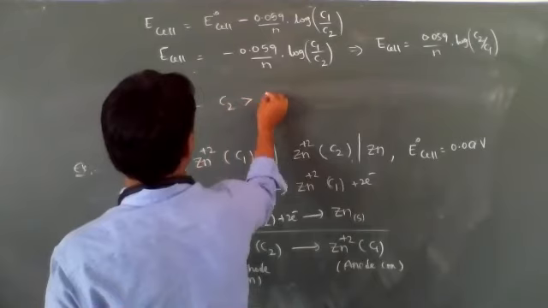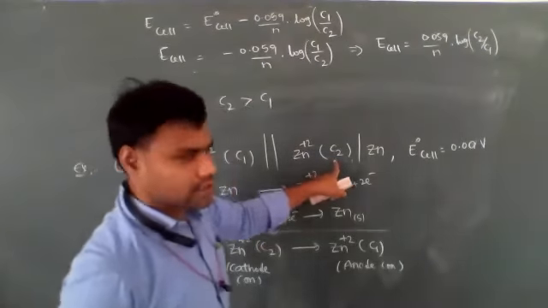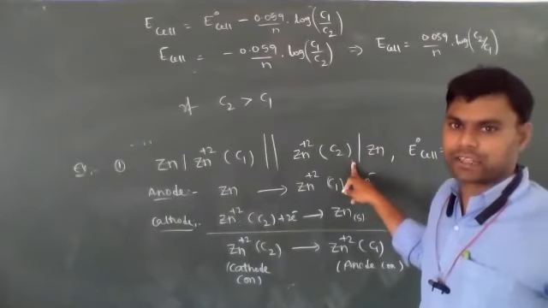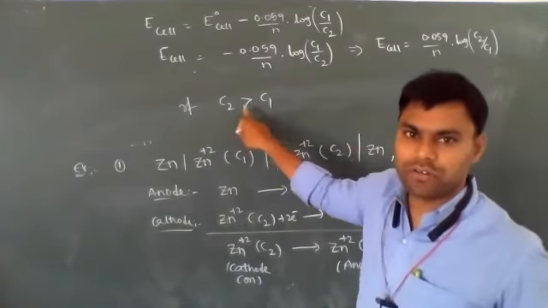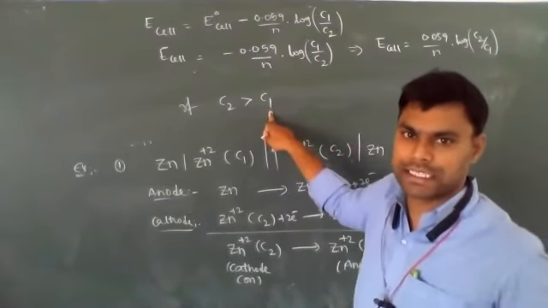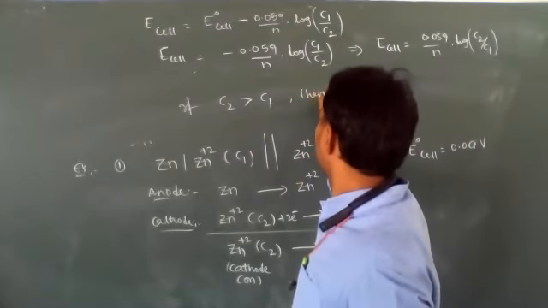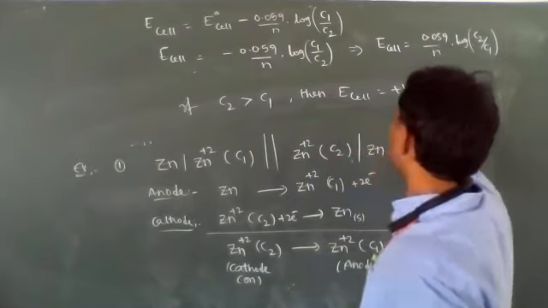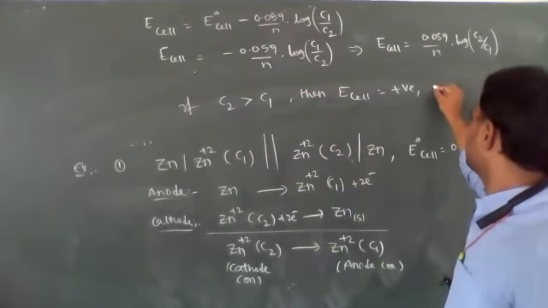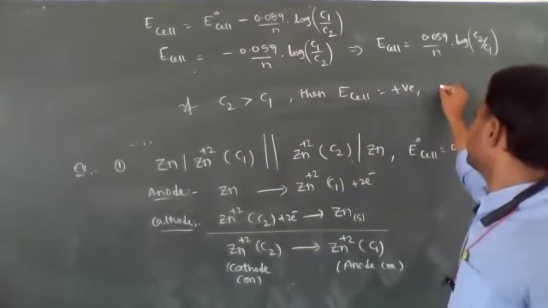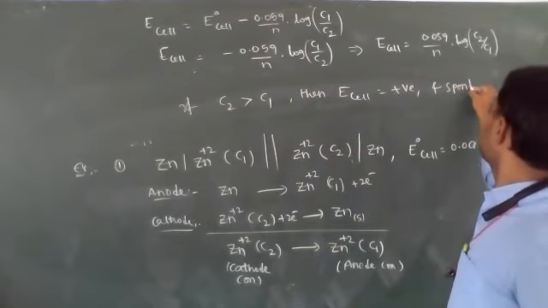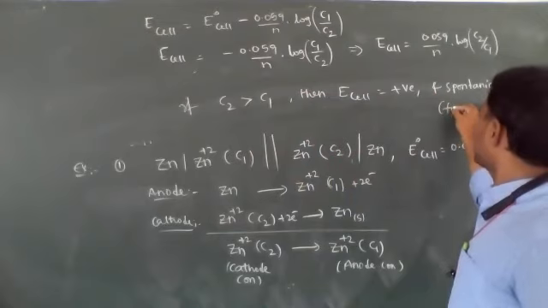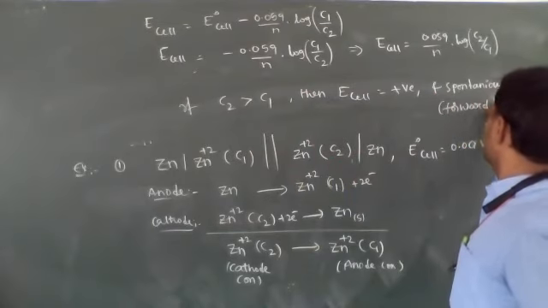If C2 is more than C1, meaning the cathode electrolyte concentration is more than the anode electrolyte concentration, then E cell is positive and the cell reaction is spontaneous, in the forward direction.